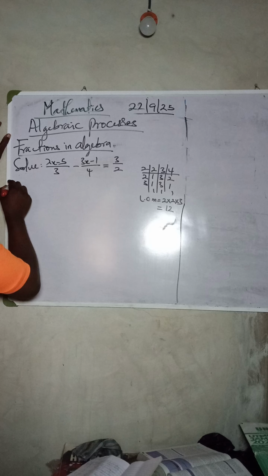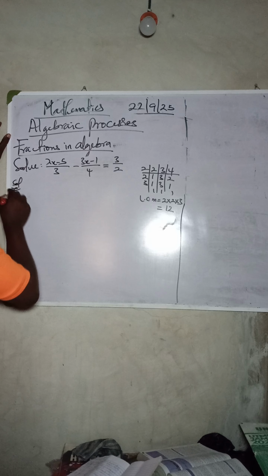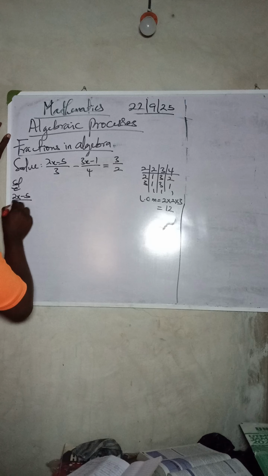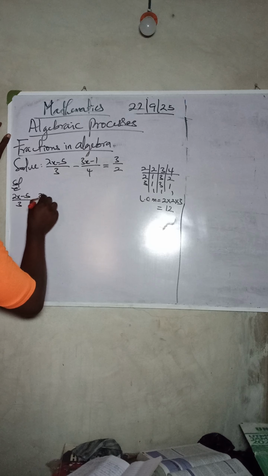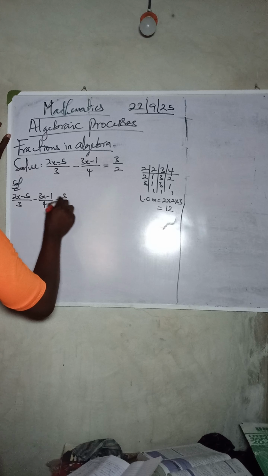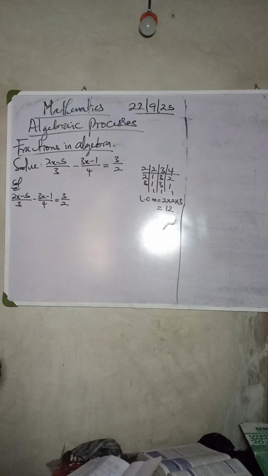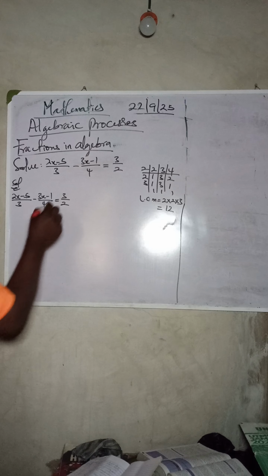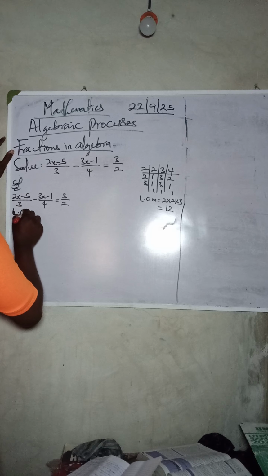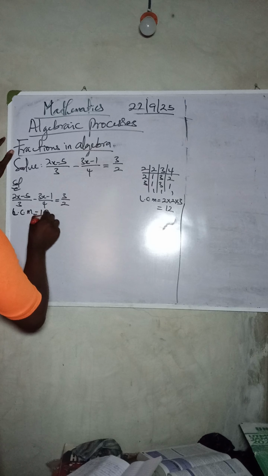So multiply through. Solution: you are given 2x minus 5 over 3 minus 3x minus 1 over 4 is equal to 3 over 2. The LCM is equal to 12.